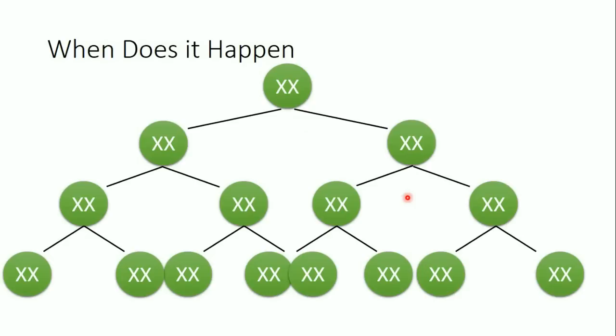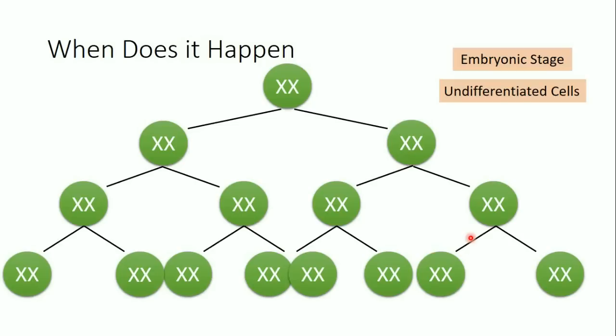When does the X inactivation happen? Actually, X inactivation happens in the embryonic stage. So when the cells are undifferentiated, before cell differentiation. So let's say that this is the fertilized oocyte. The fertilized oocyte is divided into 2, and then into 4, and then into 8.